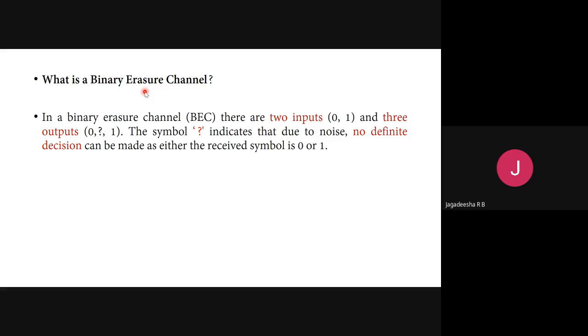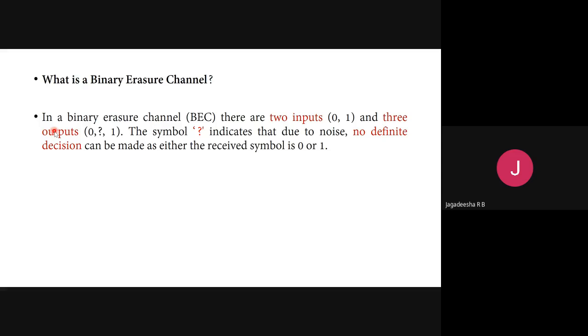So the best example for a binary erasure channel is the internet itself in a broad sense. Right now everything is internet based, right? Our communication. So that's the best example in general for a binary erasure channel.